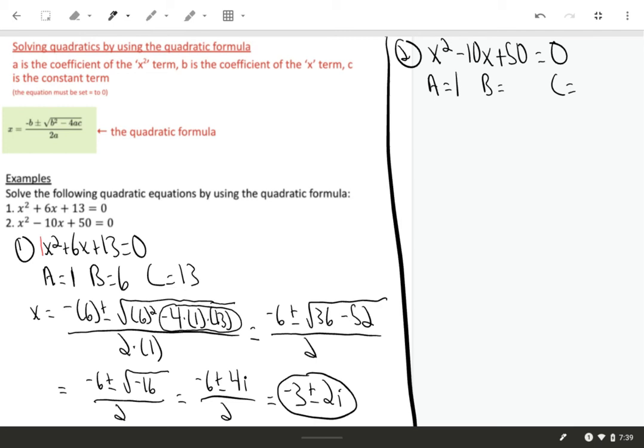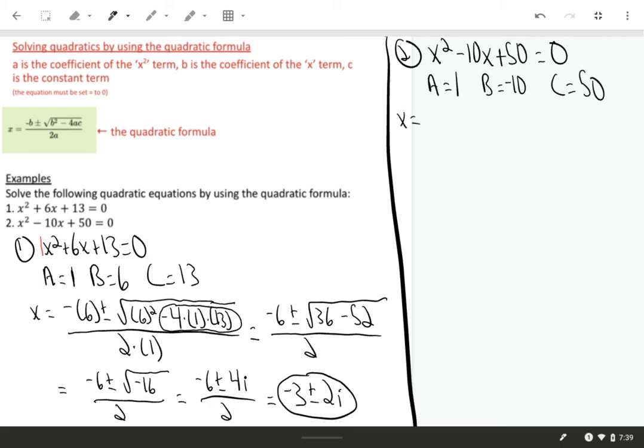B is the coefficient of the x term, so in this case, that's going to be -10. And C is the constant term, which in this case is going to be 50. So we have A equals 1, B equals -10, and C equals 50. Let's go ahead and plug that into our quadratic formula.